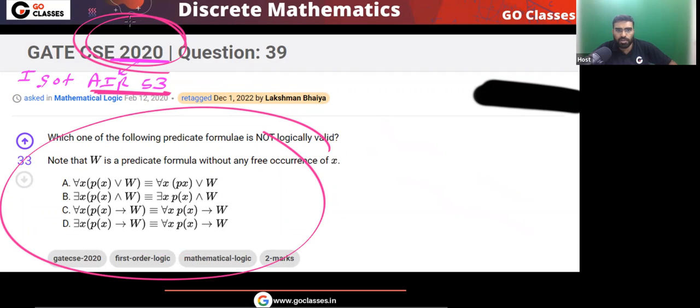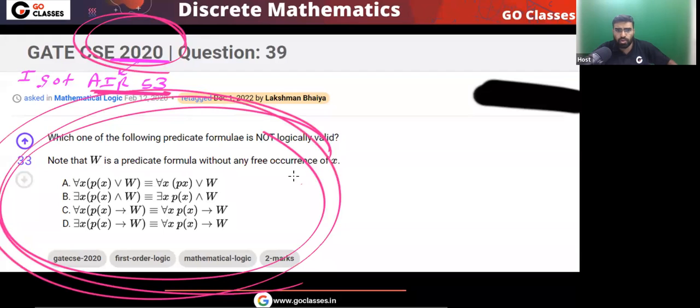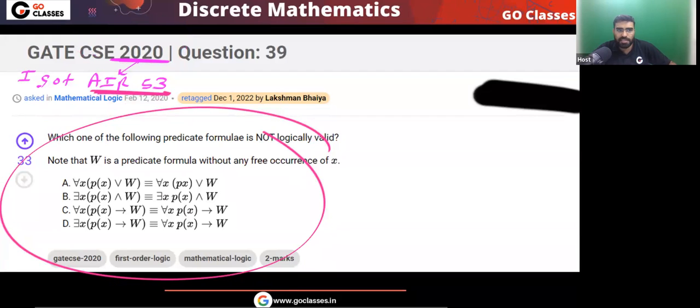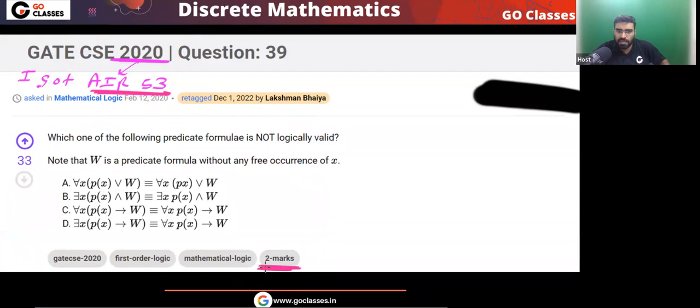So when in 2020 this question came, many students could not solve it. And this was a 2-mark question. Do you agree that this was easy 2 marks? Very easy 2 marks, right?